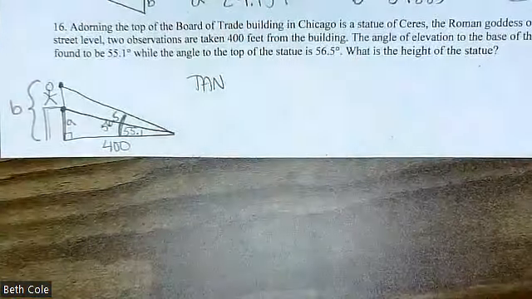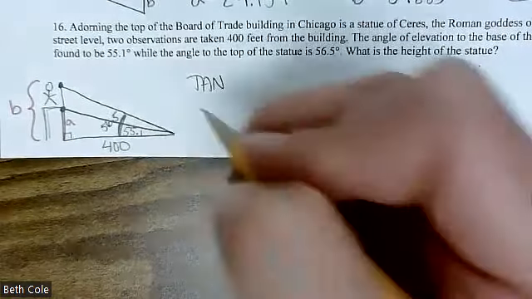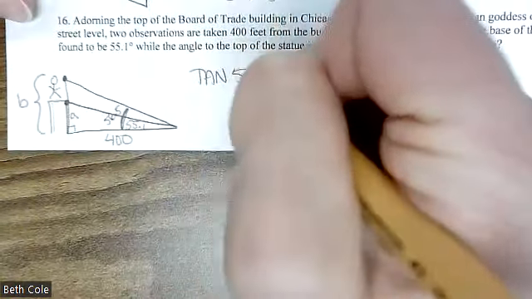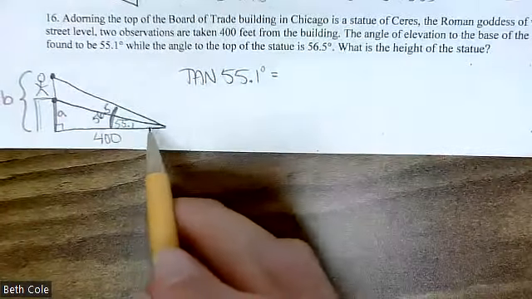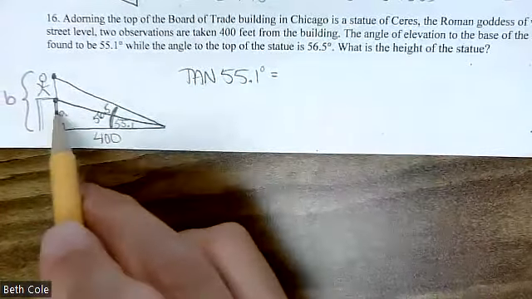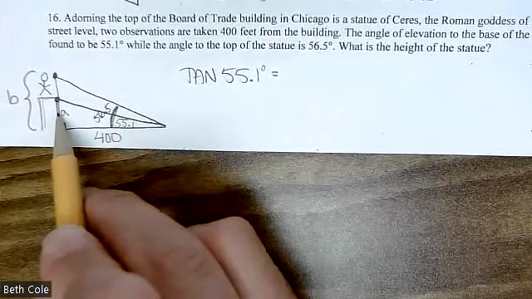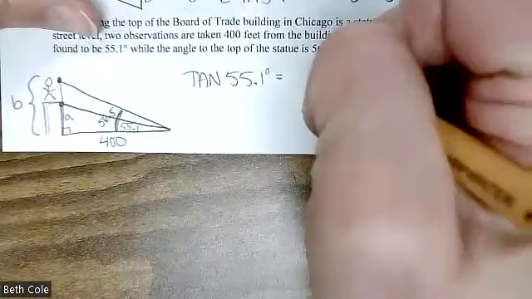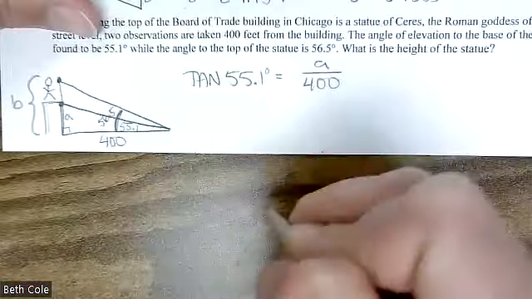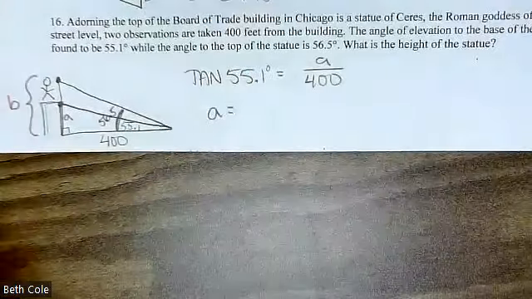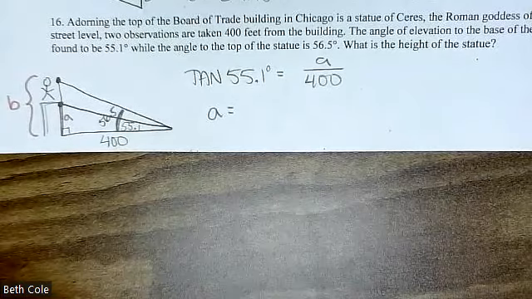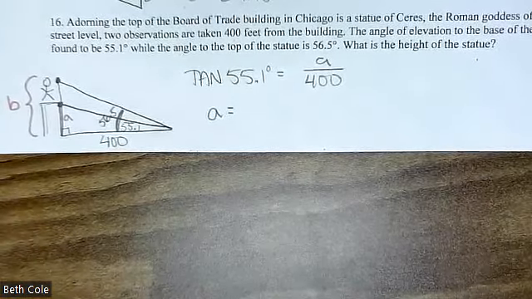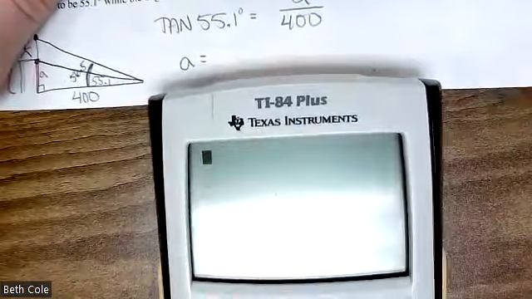It'll be tangent of, what's the smaller angle? Yep, the 55.1 equals, now try to just look at the smaller triangle. That would be A over 400. So what I would like for you to try to do is type that in and then store it. Store alpha A, enter. All right, so you're going to type that in and do store alpha A, enter.